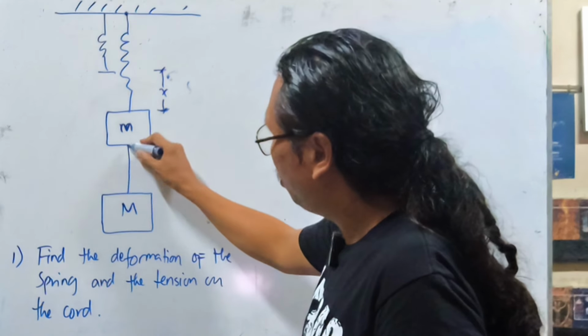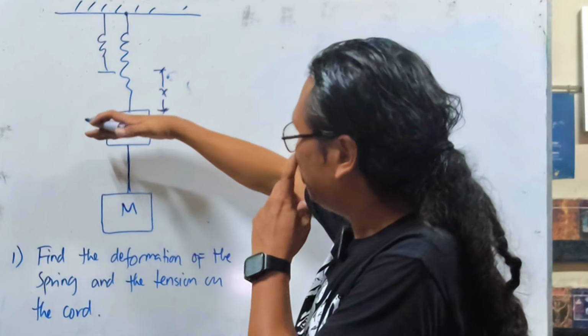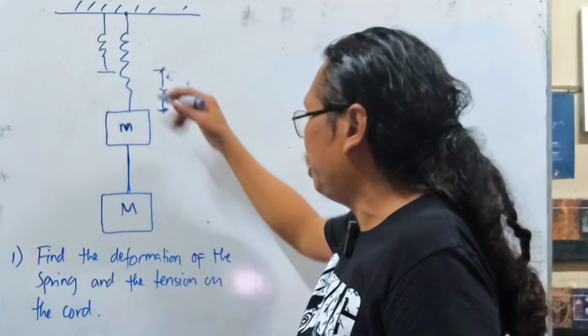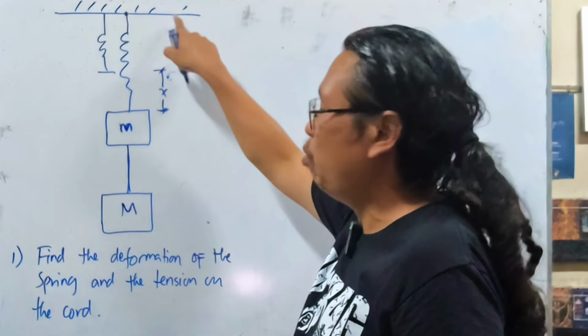When we solve this tension, it doesn't matter what the small m or whatever is set up above that. It's just like this cord is attached to a ceiling.